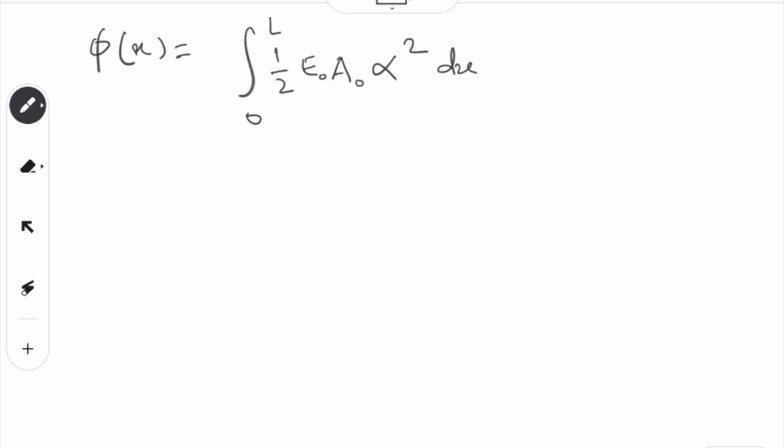Then we have W1, we have u, so 0 to L, then we have b naught, and then u is nothing but alpha x, so we write alpha x dx, and minus we have f naught times u at L, u at x equal to L, but u itself is alpha x.